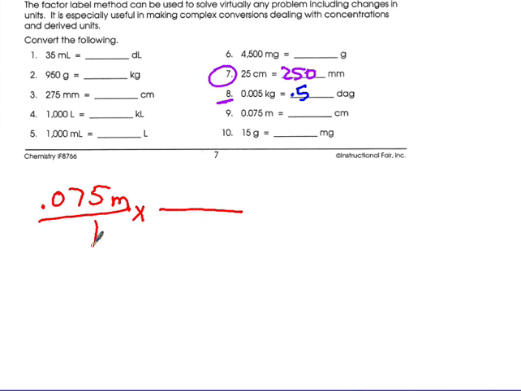Meters is my base unit, so that's good. I've got that down pat. I know that for every 1 meter I have 100 centimeters. And my meters cancel, and I'm left with 0.075 times 100, so you get to move it over to 7.5 centimeters.